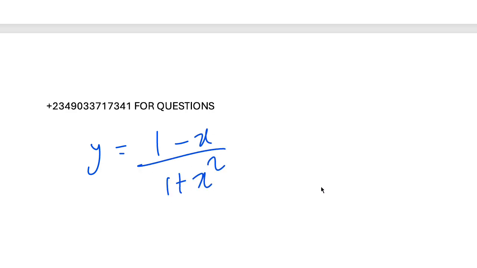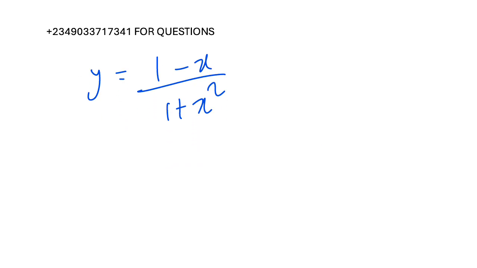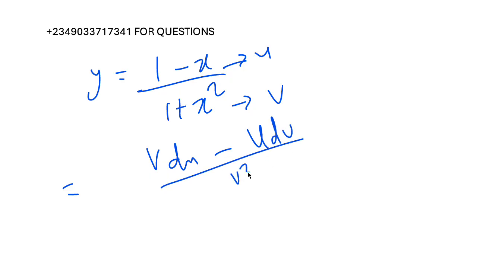So let's say we are given this question now. We are given y equals 1 minus x over 1 plus x squared, and you are asked to differentiate it. It's not difficult at all. Take this as your u, take this as your v, and then you now write down the formula v du minus u dv over v squared, right?